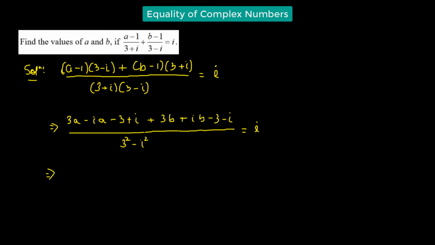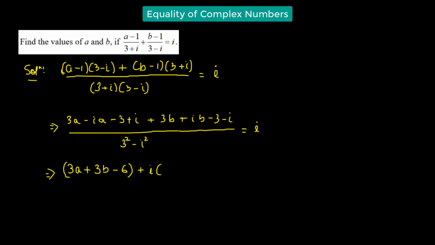Now we combine all the real terms. So we have 3a added to 3b, and we have negative 3 and negative 3, so that will become negative 6. So this is the real term plus i.